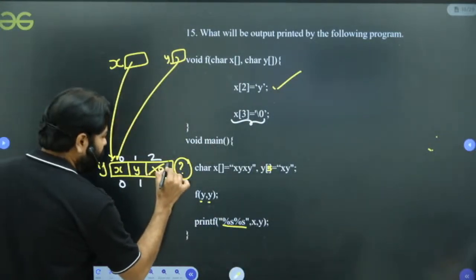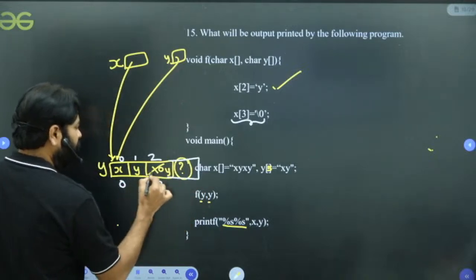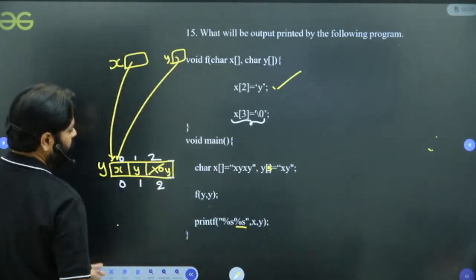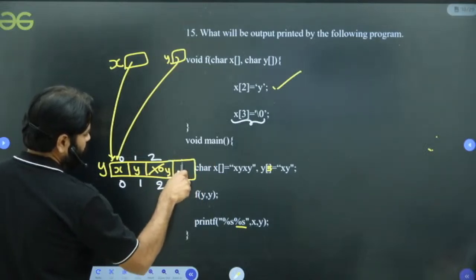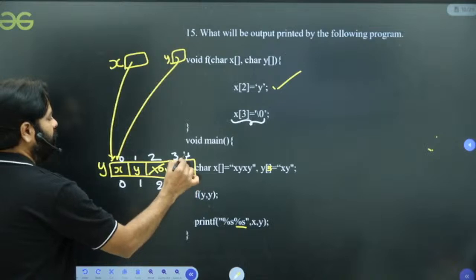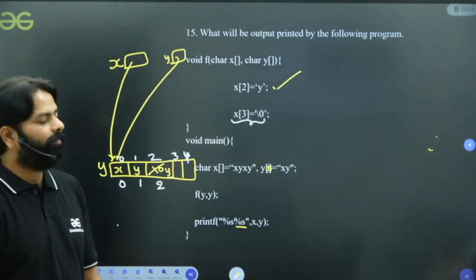Now you have enough size, right? Go ahead. Now what will be your answer?